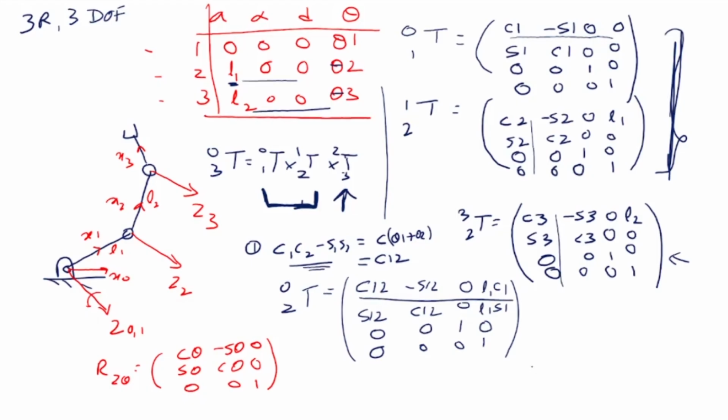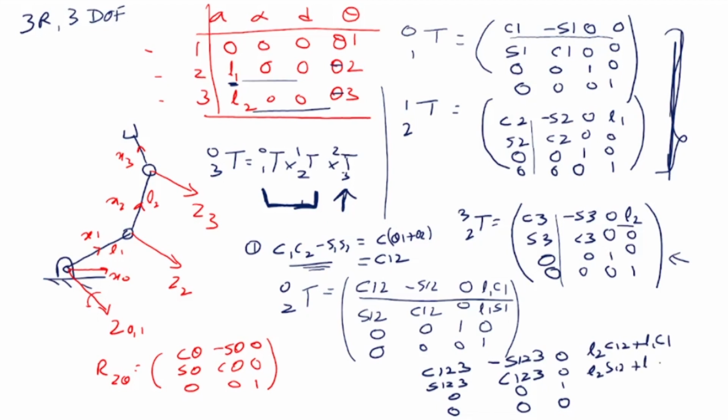So what I will get is cos 123, minus sine 123, then sine 123, cos 123, 0, 0, 1, 0, 0. This will be 0, 0, 0. Now here what we'll get is L2 cos 12 plus L1 cos 1, and L2 sine 12 plus L1 sine 1. This will become 0. That will become 1.